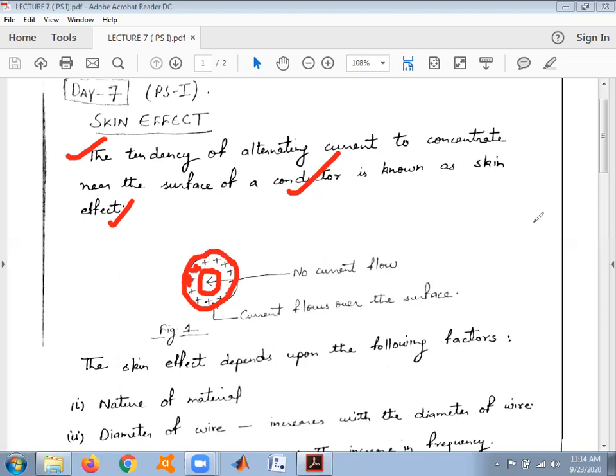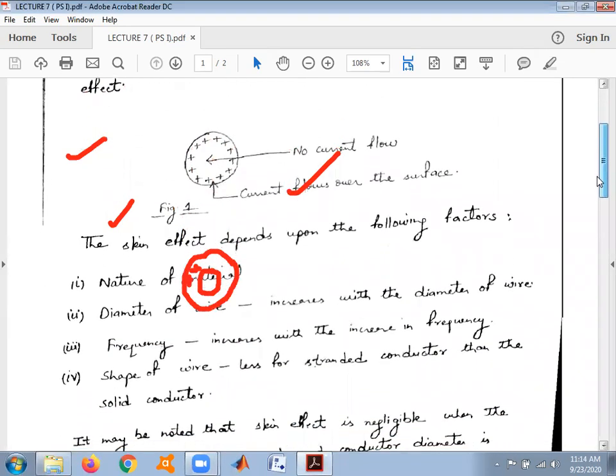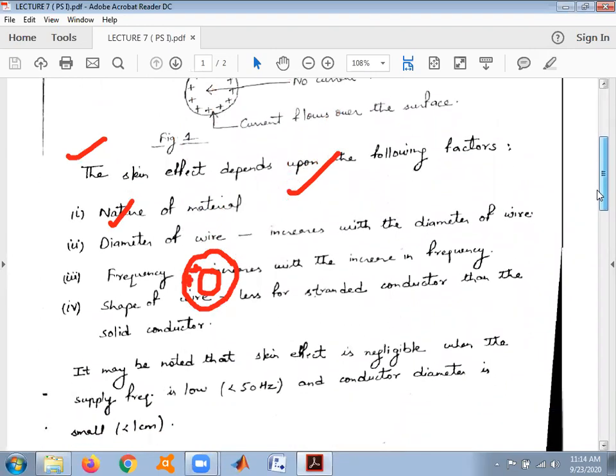The skin effect depends upon the following factors. The first factor is the nature of material; what kind of material we are using matters greatly.